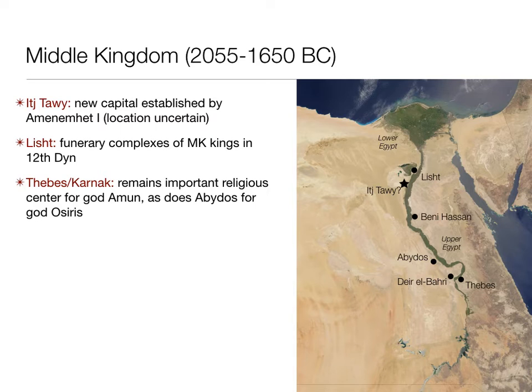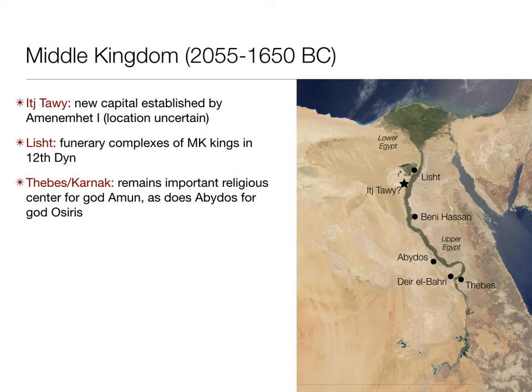Thebes, Karnak, the famous religious monument, begins to be built around this time, and we see new importance to the god Amun, a ram-headed god, who takes on more prominence in Egyptian cosmology and eventually would be fused with the sun god Re to create Amun-Re, which for the next 2,000 years is the chief god of Egyptian cosmology.